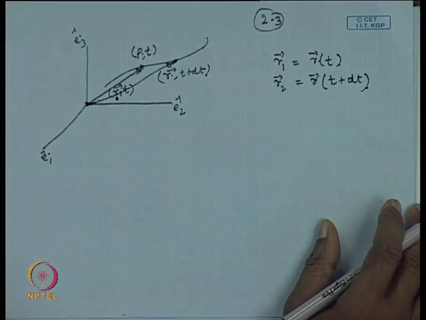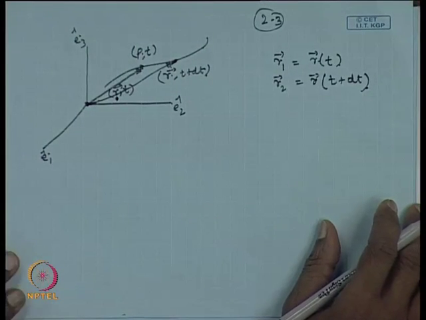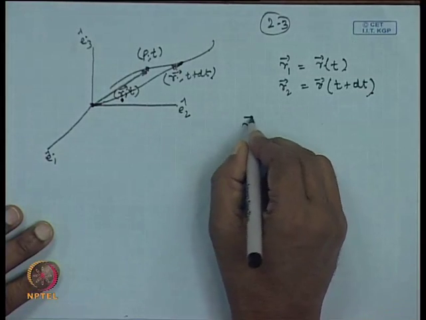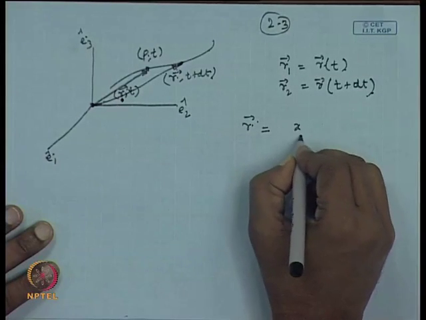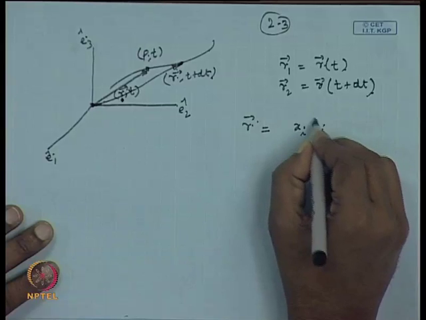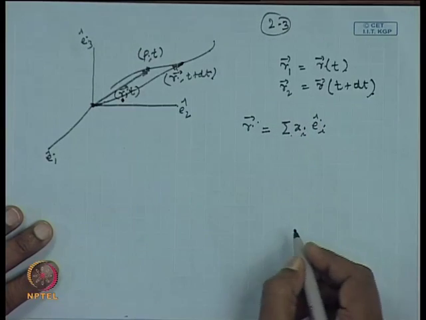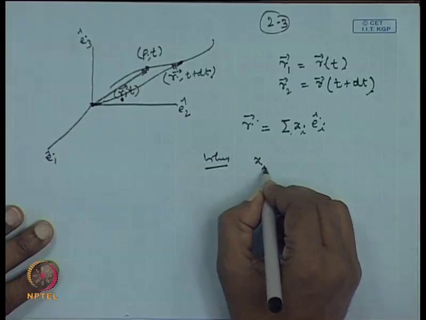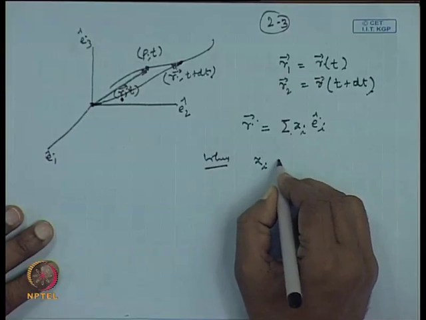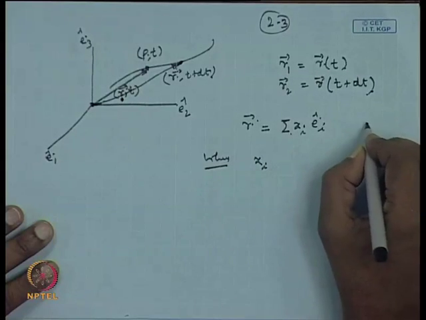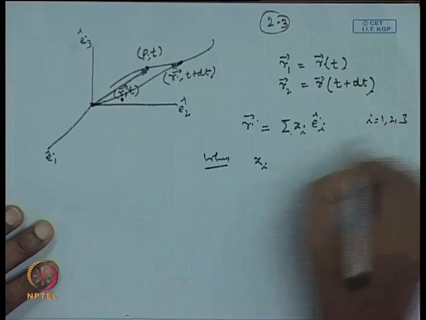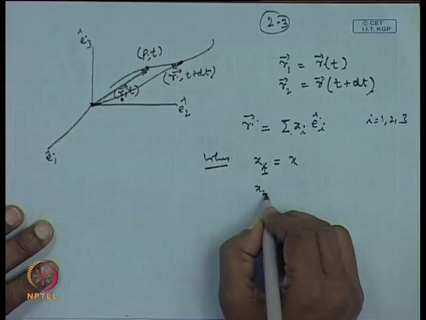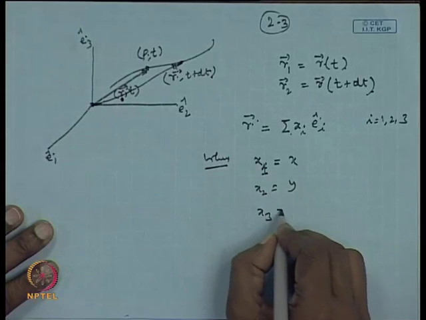If we follow that notation, then we can write r as the summation of x i times E i, for i equal to 1 to 3, where x 1 equals x, x 2 equals y, and x 3 equals z.